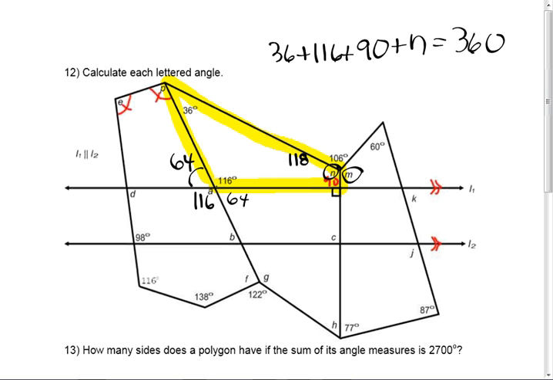Is there a big one that I have to find? And these are parallel. So guess what B is? 64. Can I find D now? D equals 360 minus 116 minus 98 minus 64. See what I mean about you want to use a calculator because it gets too tedious.